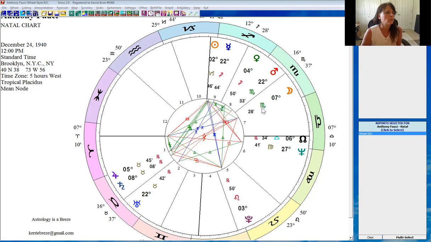If it were earlier, it could have been into Libra, because it's just barely into Scorpio here. So we don't know about that. It's a question mark. But let's just see what you can see. That's what you have to look at when you don't know the actual birth time.